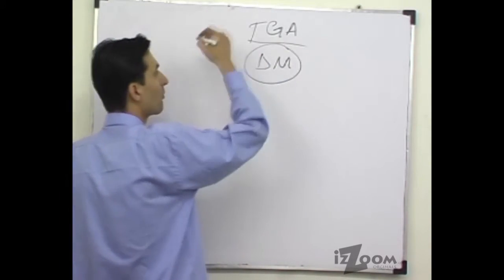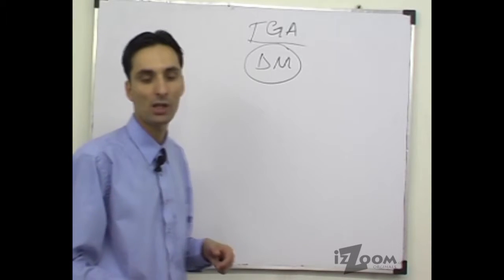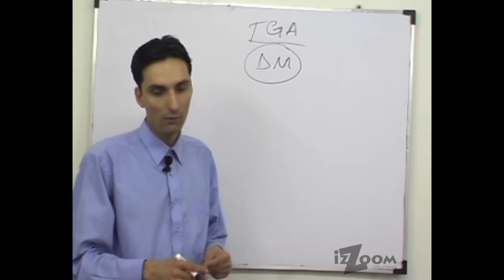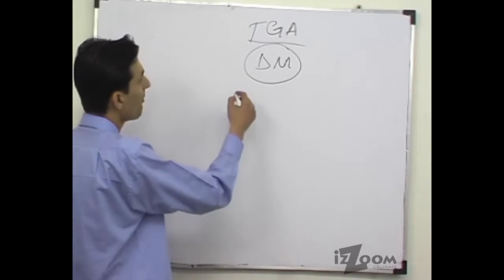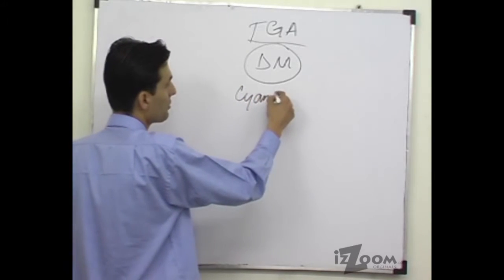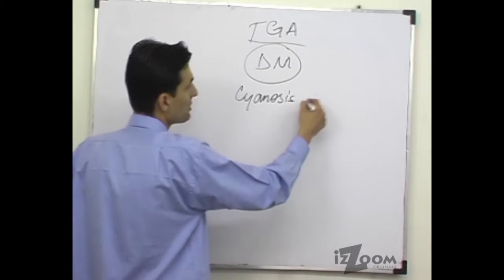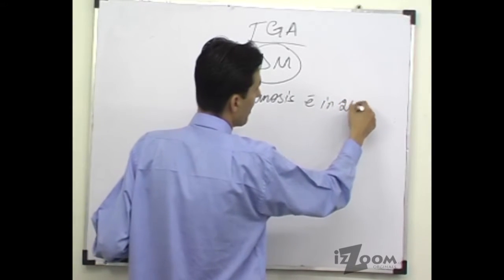infants who are born to diabetic mothers. It is more common in infants of diabetic mothers, and it is the most common cause of cyanosis within 24 hours.